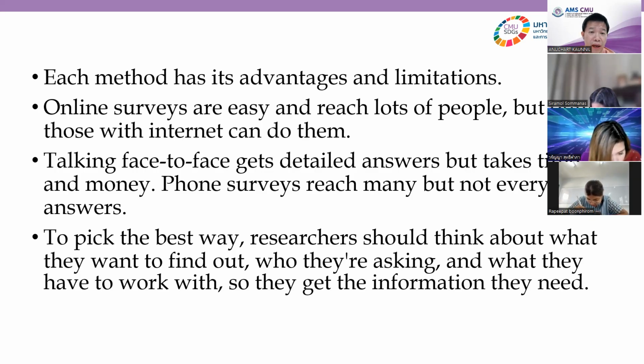But for elderly people with no internet and no mobile phone, paper-based or interviews might be better. Talking face-to-face gets detailed answers, but takes time, and we need to go to rural areas. A phone survey reaches many, but not everyone answers, because they may be busy. Maybe they are driving a car, so they can answer but don't concentrate. To pick the best way, the researcher should think about the target respondents or participants, test, and work with this target population to gain information.